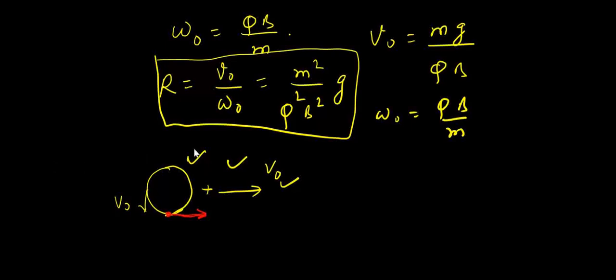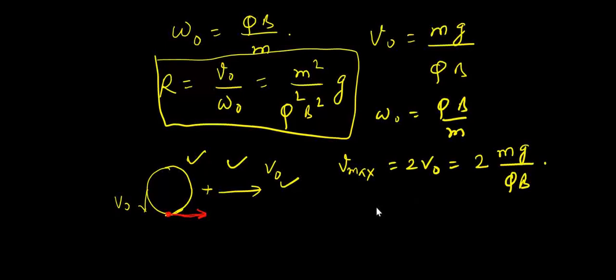And you can simply write that V max is equal to 2V0, and we already have the value of V0, mg by qB, so you will get the maximum velocity as 2mg by qB. This is our first solution.